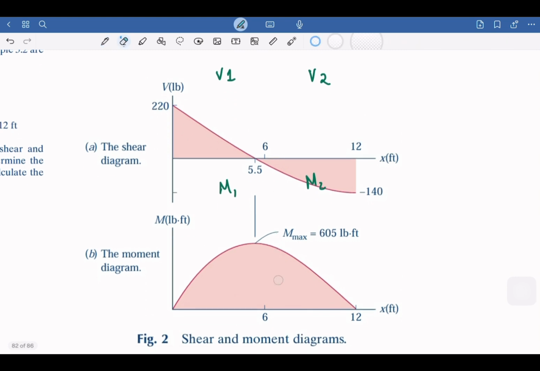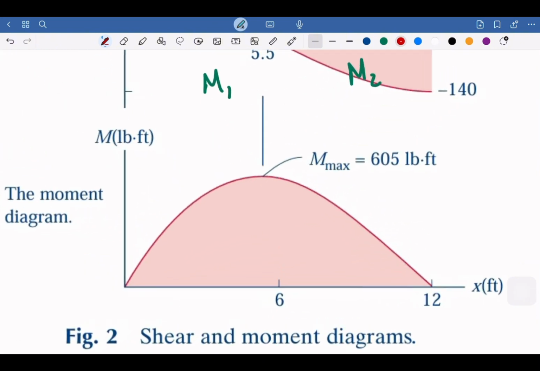So we can take the maximum from this 5.5, because that is when V is 0, or in this case the gradient, the slope, is 0.